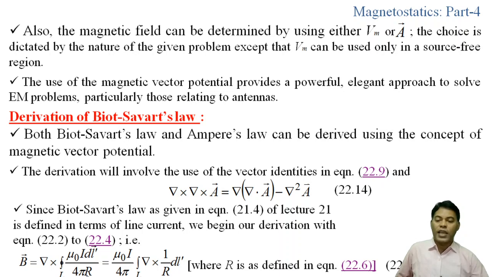Here you see that mu naught I and 4 pi are constants, so we have taken them out of the integration. That means B equals mu naught I by 4 pi times the line integral of grad cross (1 by r) dl prime, which we have seen earlier.